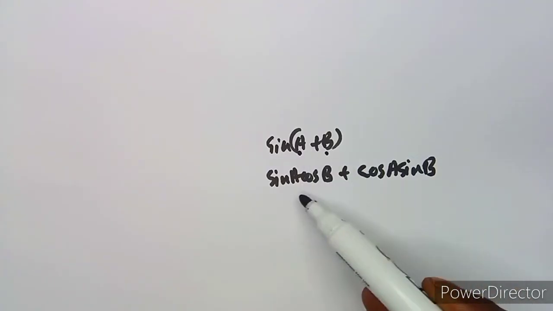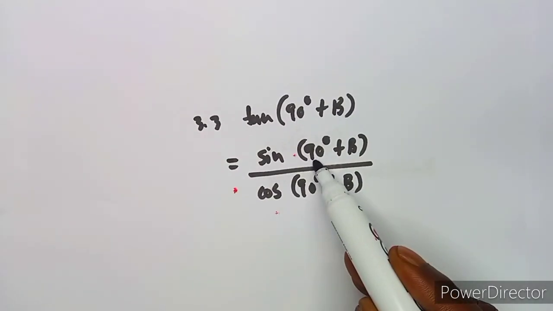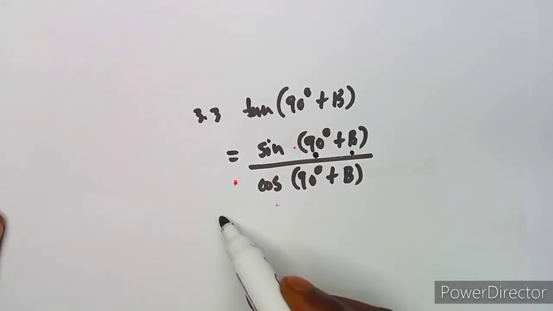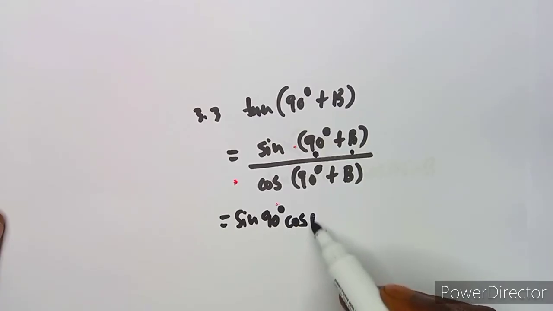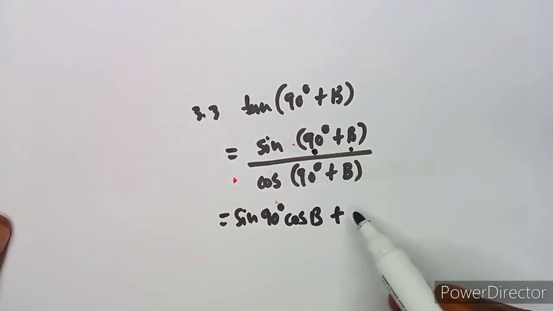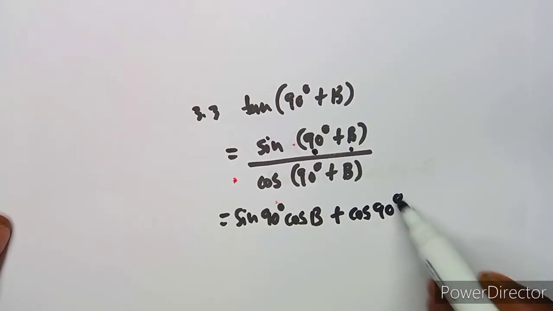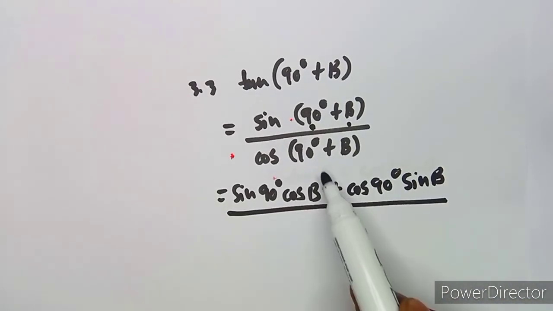So this is a and b, which is 90 and b, so it's going to be sine 90 degrees cos b, plus cos 90 degrees sine b, all over cos.